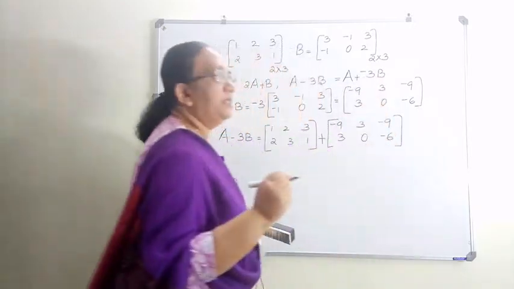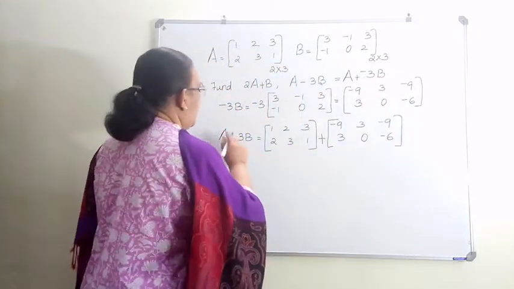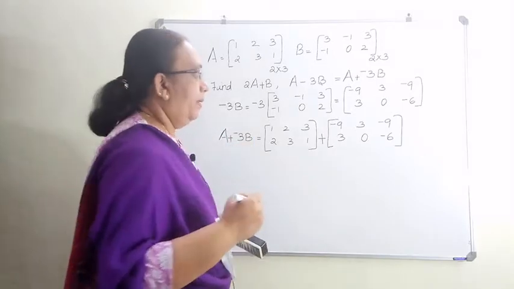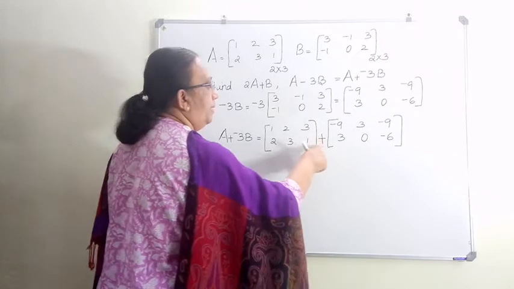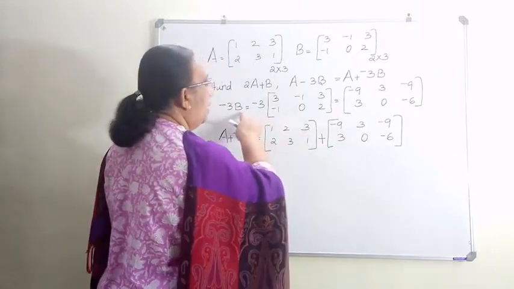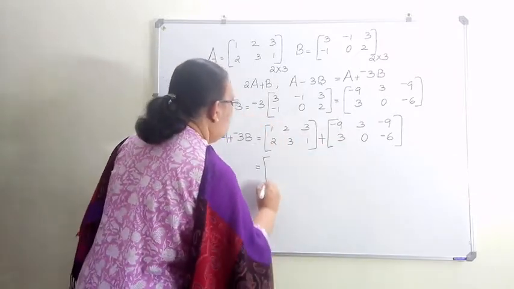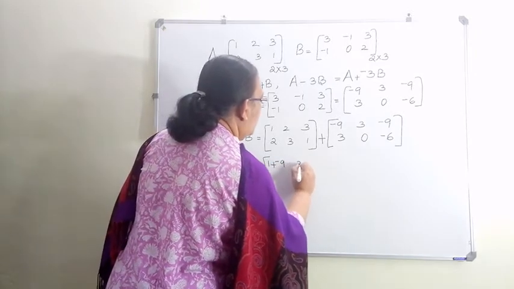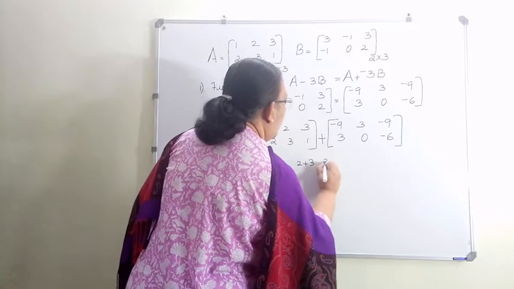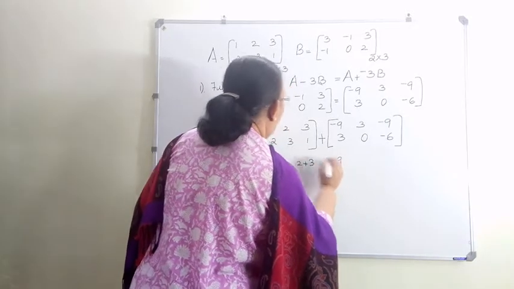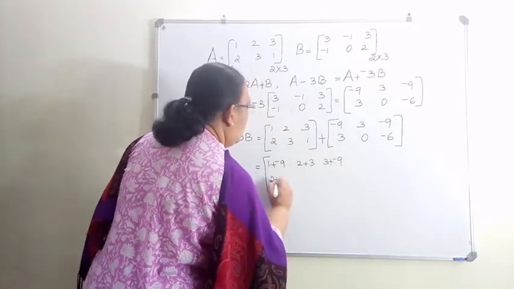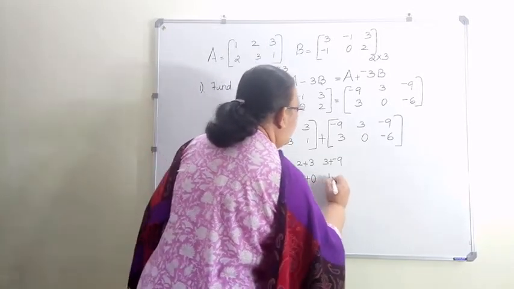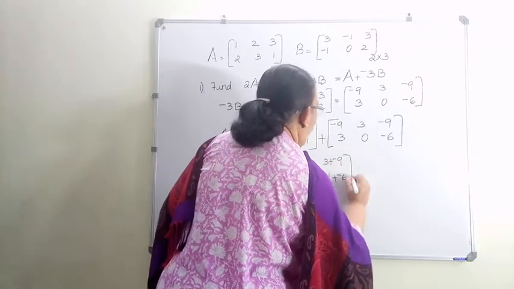It becomes easy. Adding corresponding elements: 1 plus minus 9, 2 plus 3, 3 plus minus 9, 2 plus 3, 3 plus 0, 1 plus minus 6.